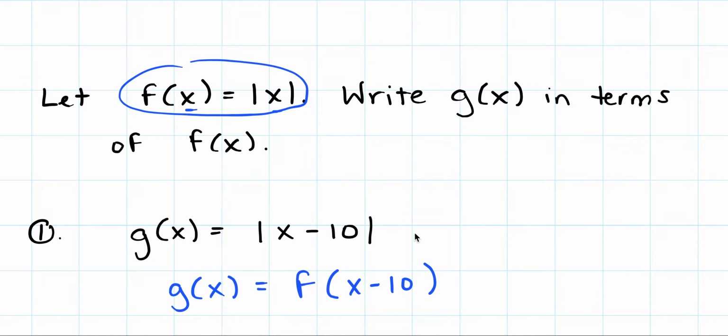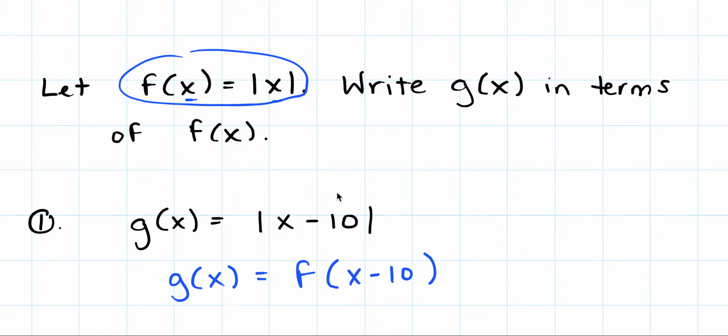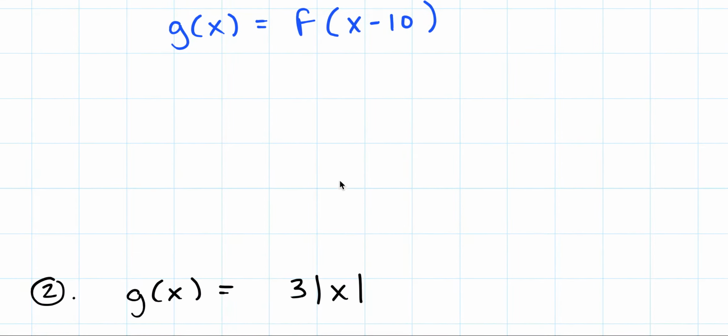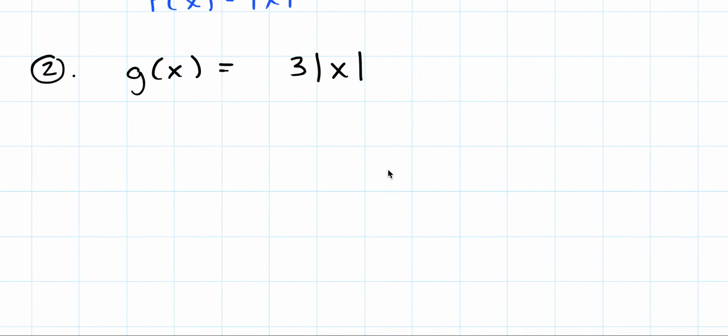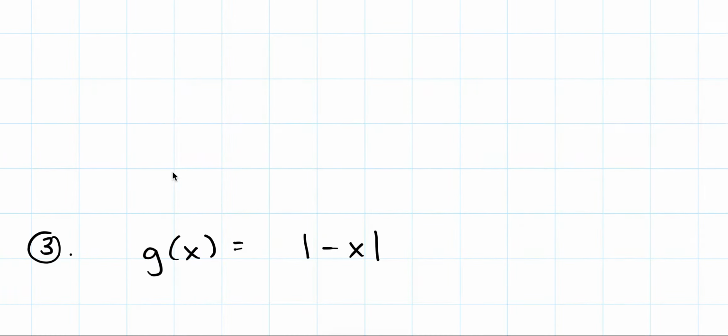Let me show you the other ones I want to do involving this function. So I want to write g of x is equal to 3 absolute value of x in terms of f of x. This one I want to write in terms of f of x.